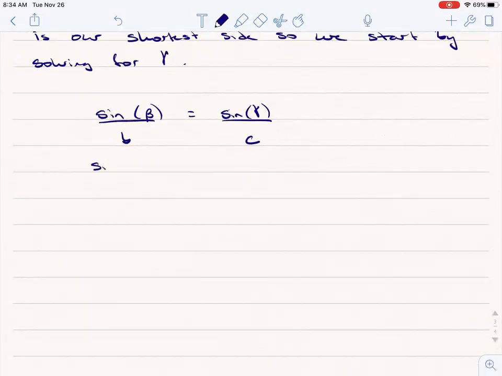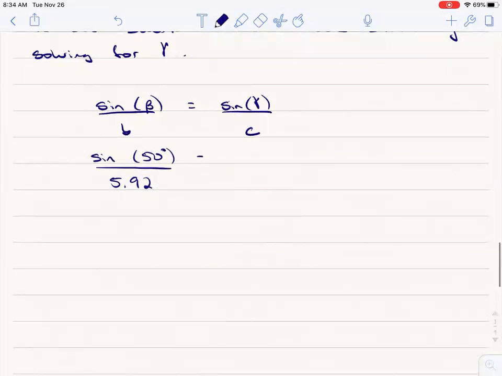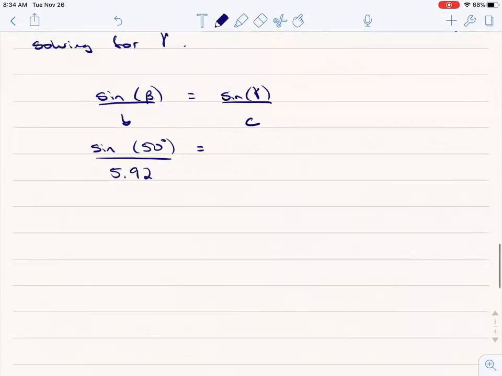So the sine of 50 degrees over B, which was 5.92, right? You're going to use your rounded value once you've given me the rounded value, right, that's the value that you can keep using. Of course, it's not wrong if you didn't, but usually people like to round stuff and forget about it.